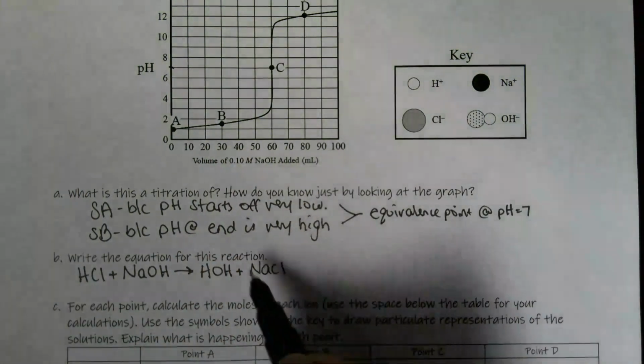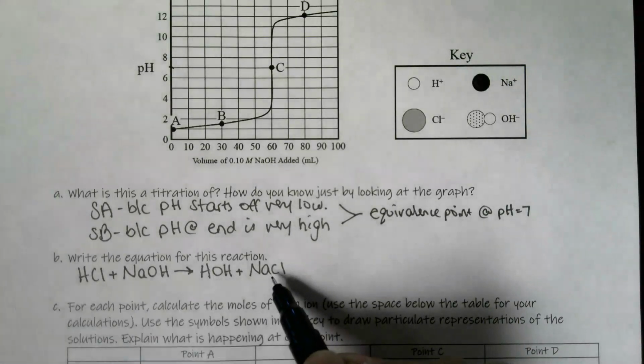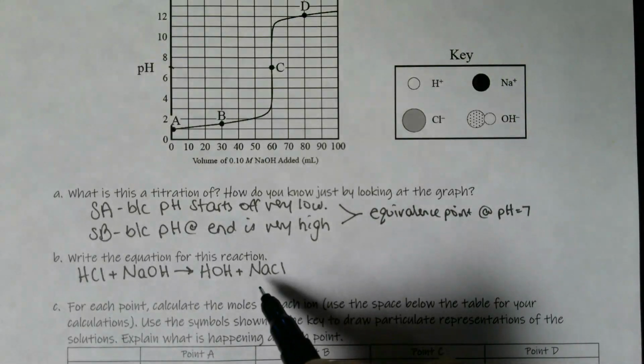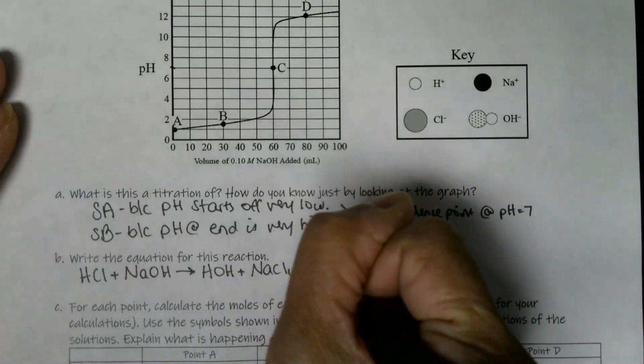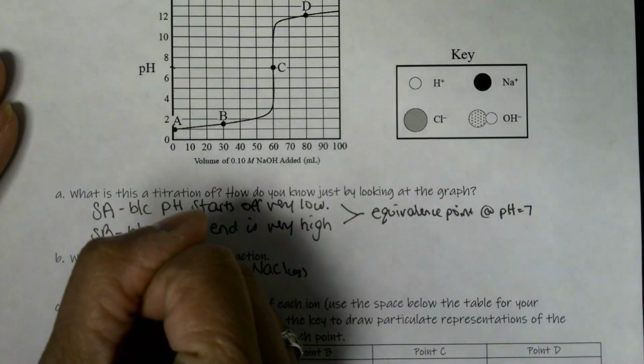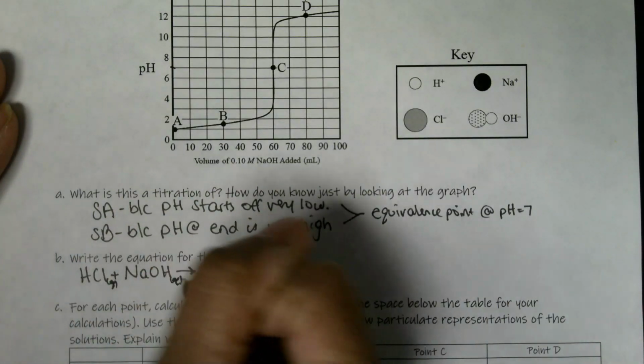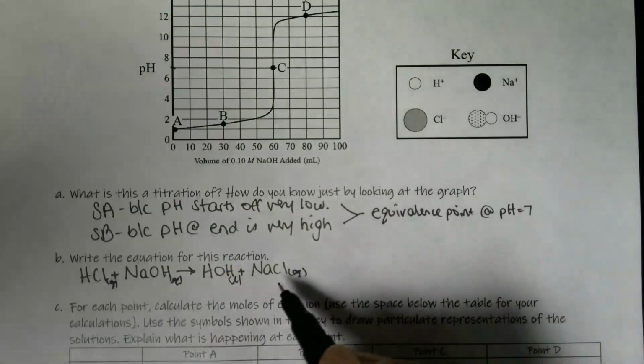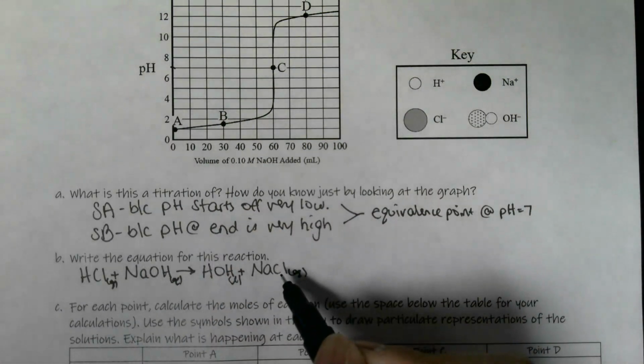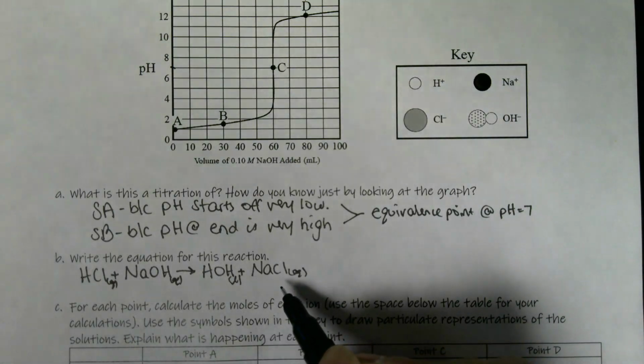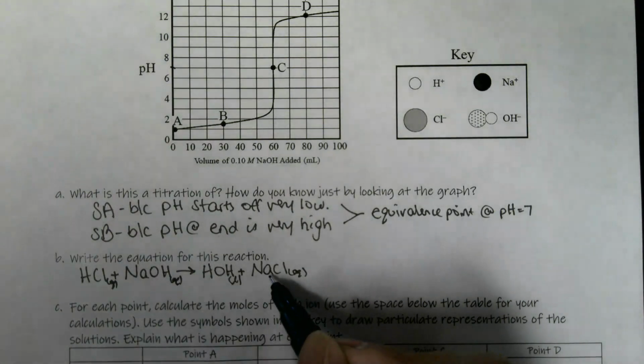Make sure these are all aqueous, and this one's liquid. Na is soluble with every single ion, meaning that it will always be aqueous. We won't see a solid Na mixed in with water.